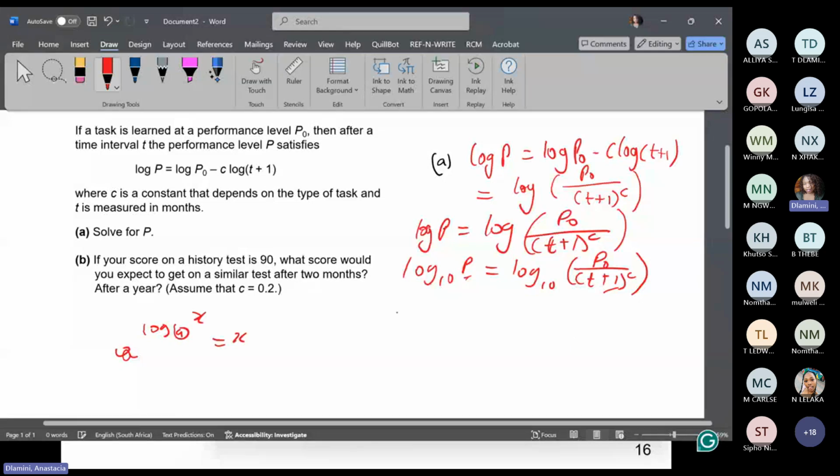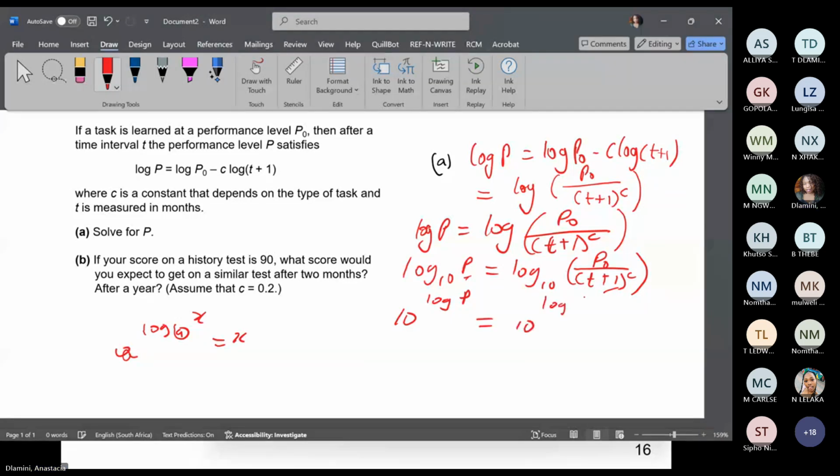So I can do that, and I can say 10 to the power of log of p. Let's get used to that if we don't have a base, then we know that it's a common log. Then you say 10 to the power of log of p0 over t plus 1c.